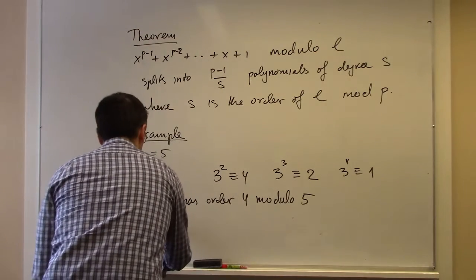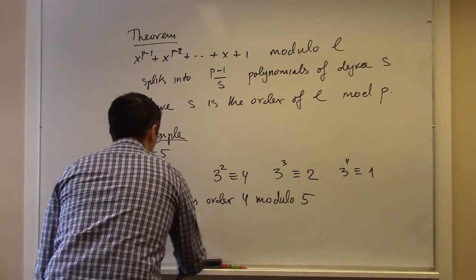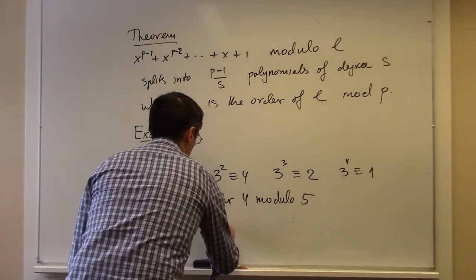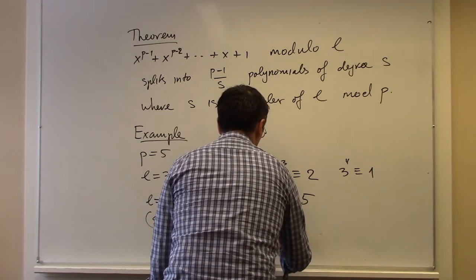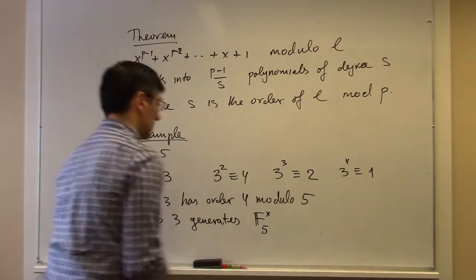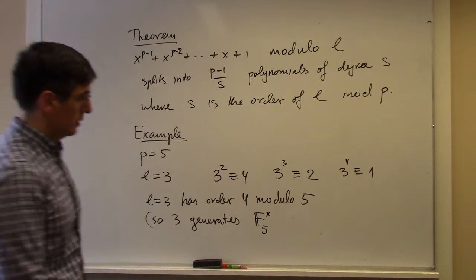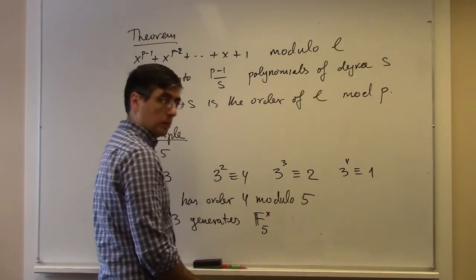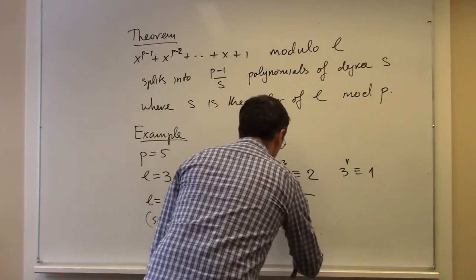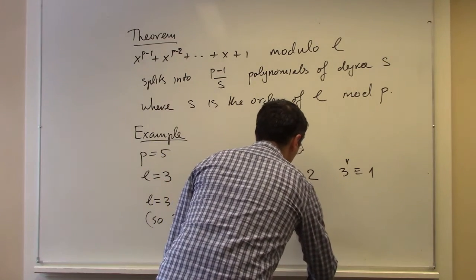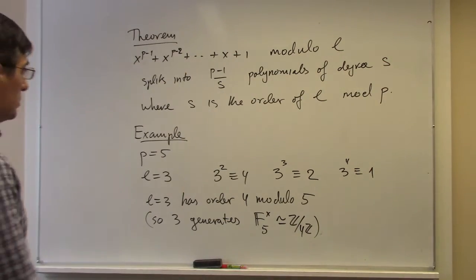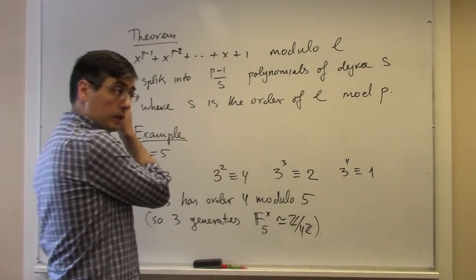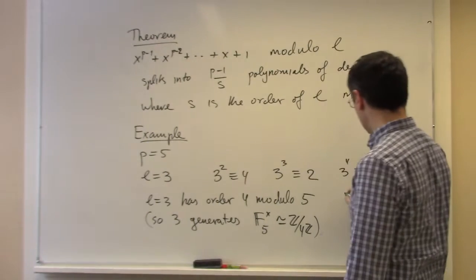So 3 generates F5*, the multiplicative group of 5 elements, which is actually a cyclic group, which means that the cyclotomic polynomial is irreducible.